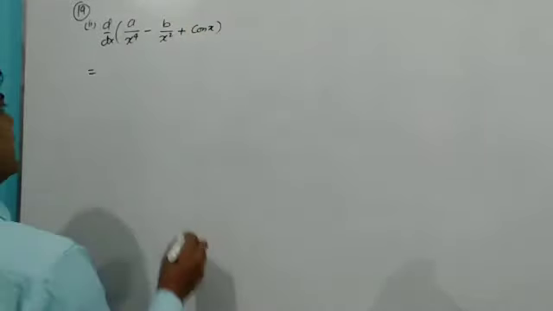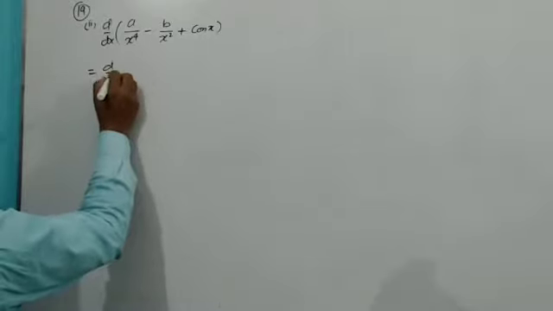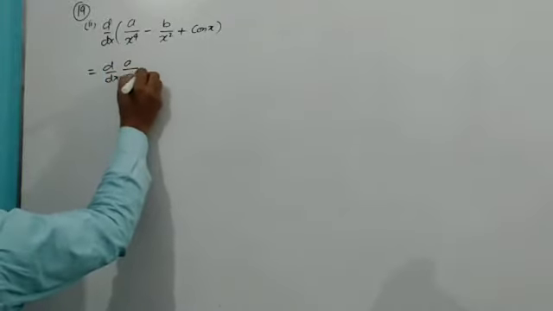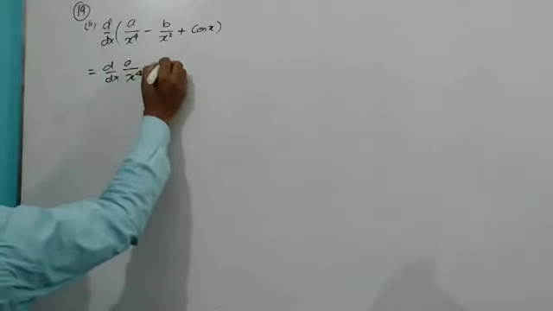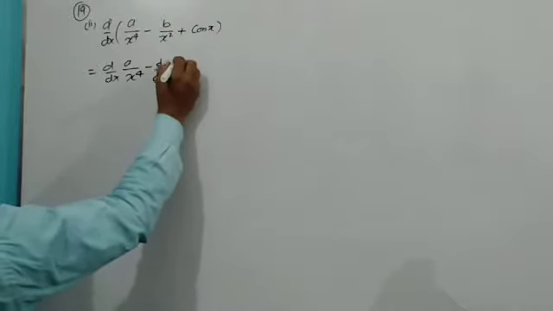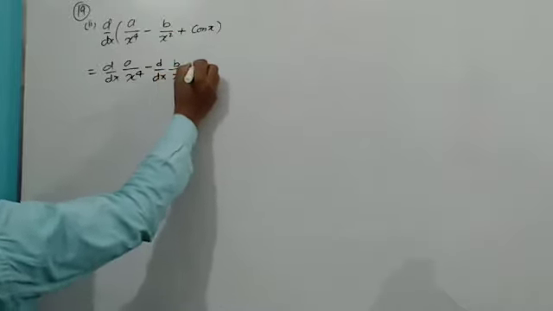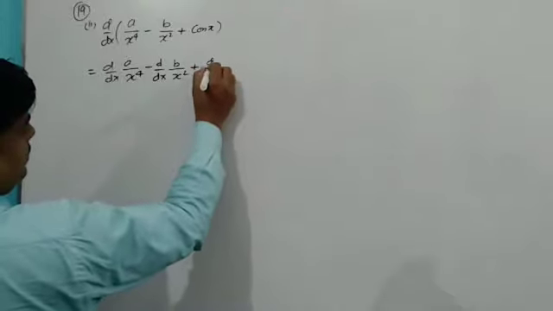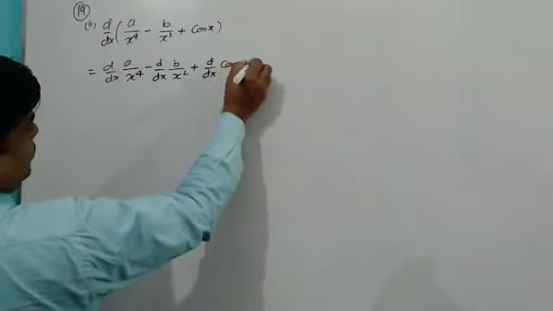When I simplify, I can write d dx of a upon x to the power 4, and d dx of b upon x square, and d dx of cos x.